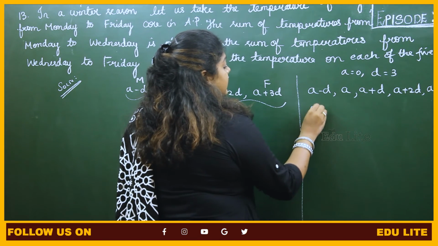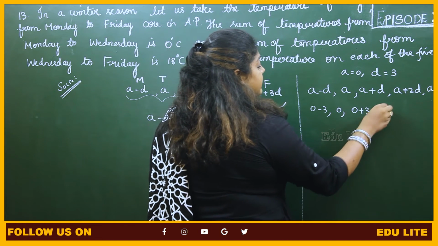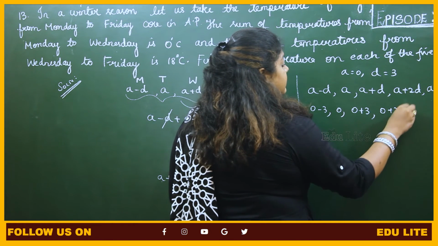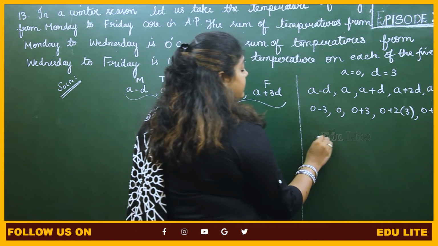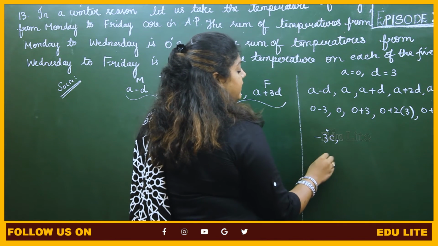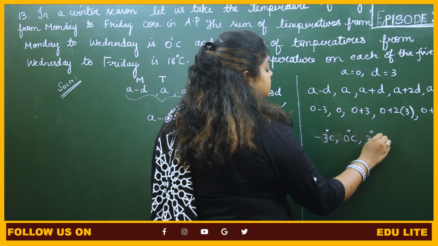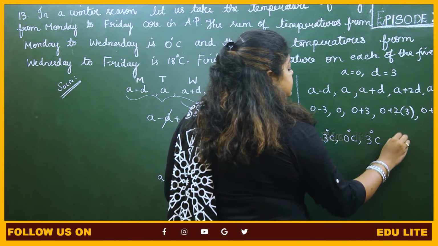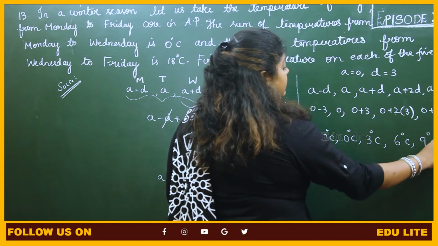Substituting: 0 minus 3, 0, 0 plus 3, 0 plus 2 into 3, 0 plus 3 into 3. So, minus 3 degrees Celsius for Monday, 0 degrees Celsius on Tuesday, 3 degrees Celsius on Wednesday, 6 degrees Celsius on Thursday, 9 degrees Celsius on Friday.